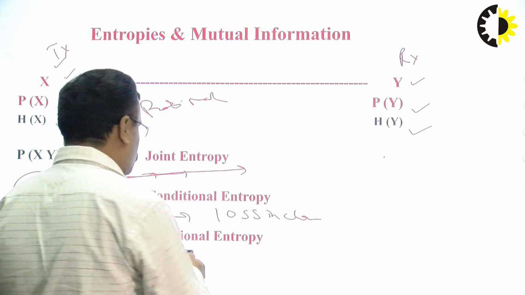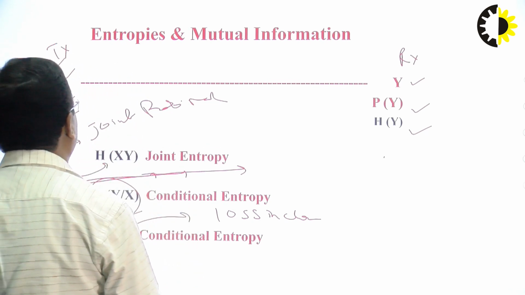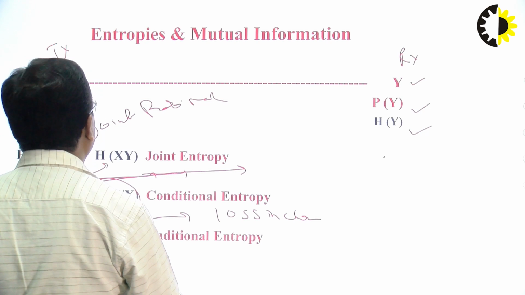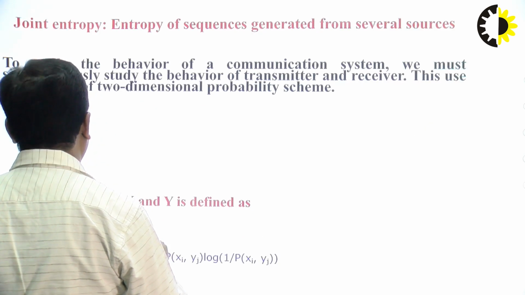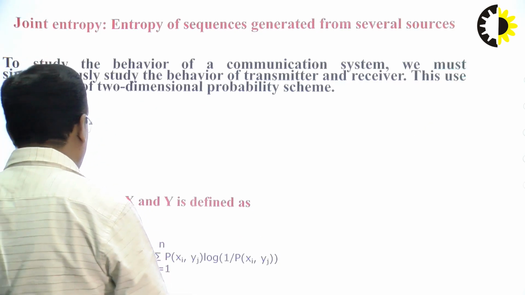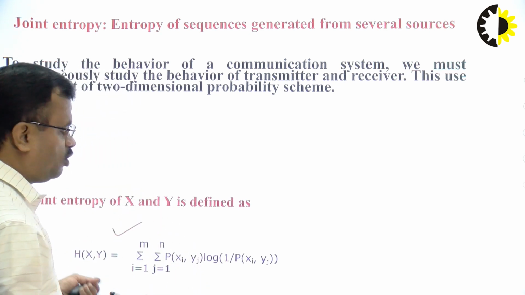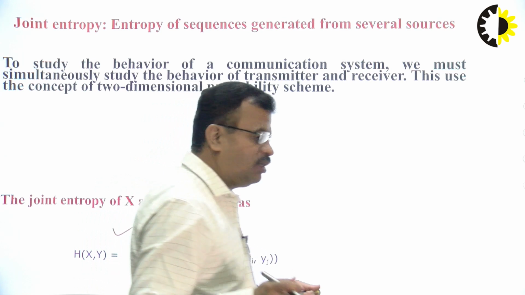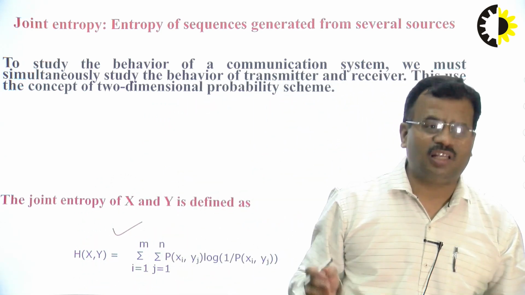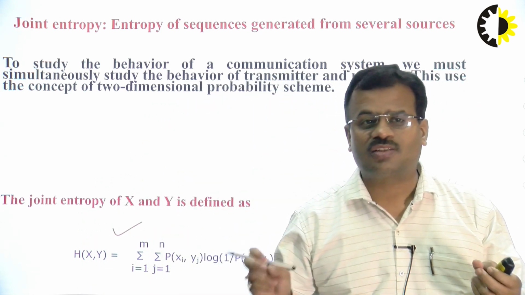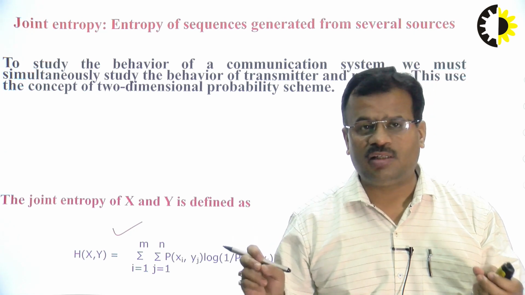Some numericals also I can tell you, but due to the short time. So, some formula of joint entropy will be there. You will be able to calculate joint entropy whenever you have P(x,y), the joint probability matrix.